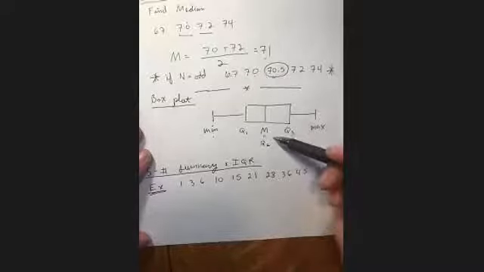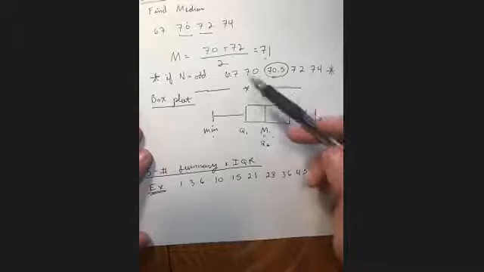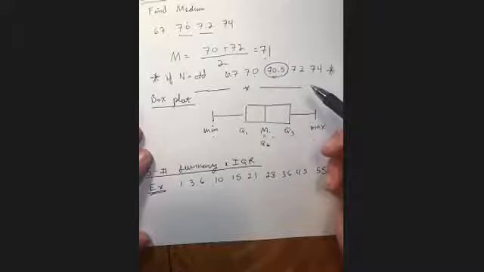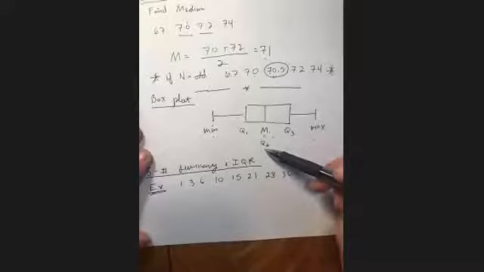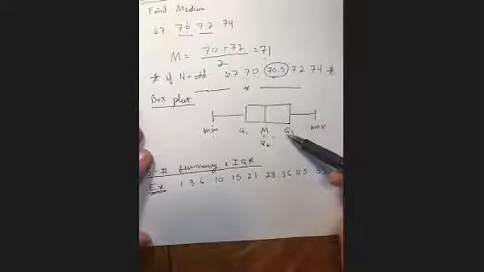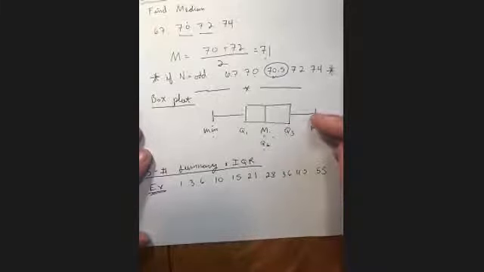Now the median, M, divided the data into two halves, a lower half and an upper half. The quartiles: there's the first quartile, the second quartile, which is the same as the median, and the third quartile. These numbers divide the data set into quarters, and that's why we call them quartiles.